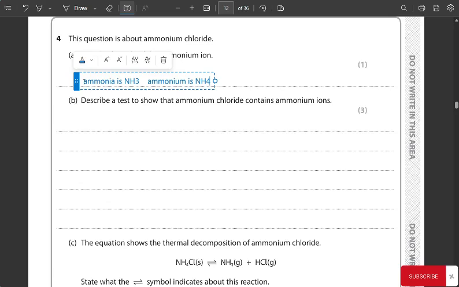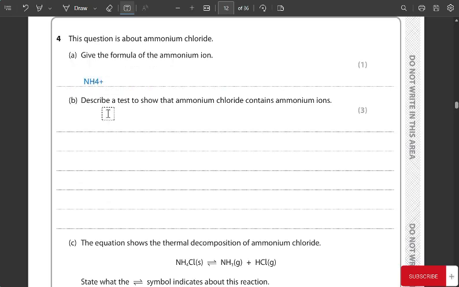Most of the students mix up ammonia and ammonium, like they don't know the exact one. For knowing, ammonia is NH3, ammonium is NH4, and it carries a positive charge. This is the formula of the ammonium ion.